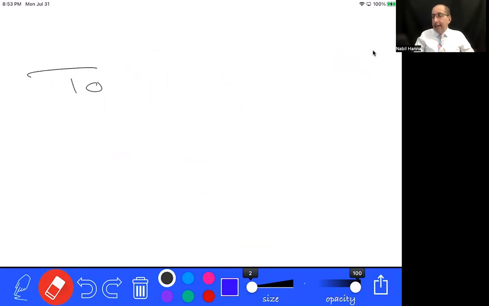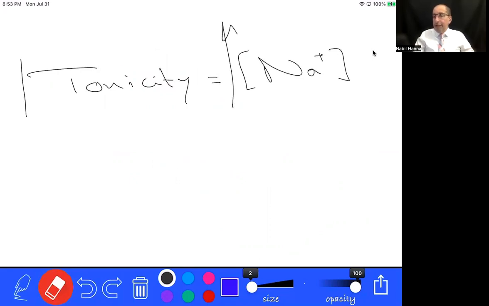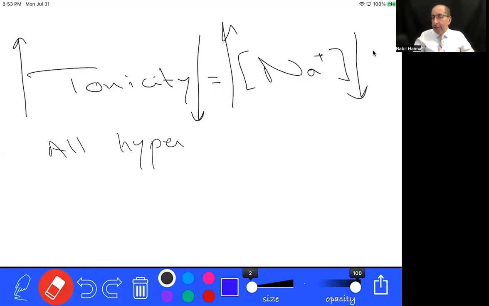So I can say tonicity is sodium. So if sodium goes up, tonicity goes up. If sodium goes down, tonicity goes down. Correct? So we can say that all hypernatremias are hypertonic.